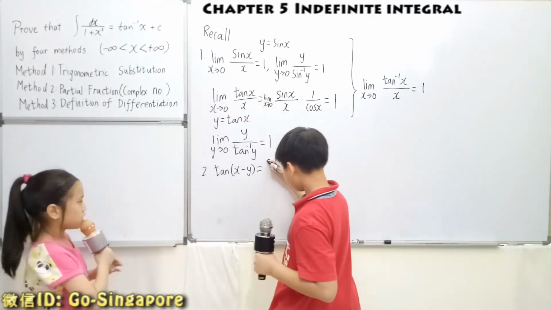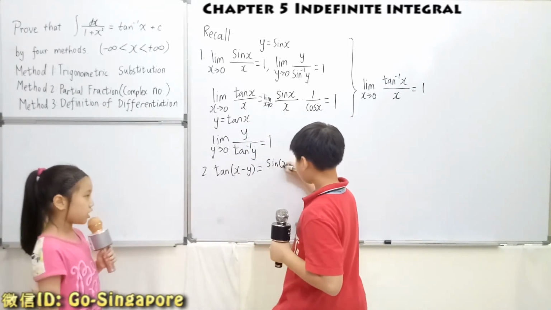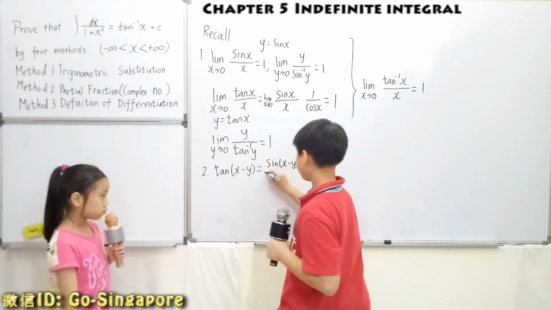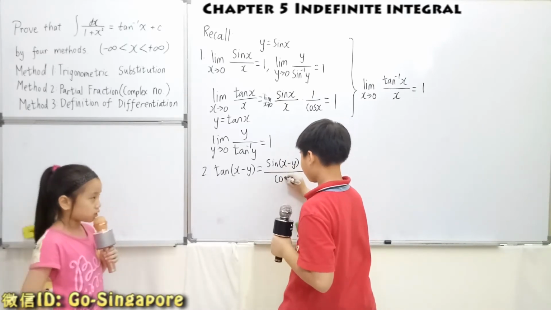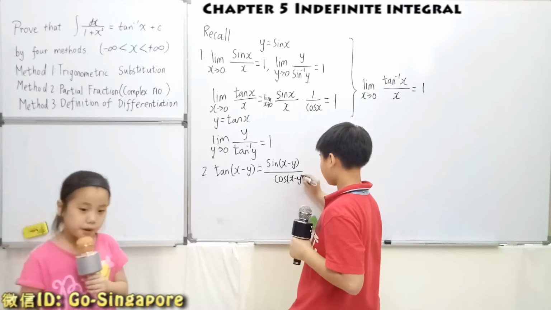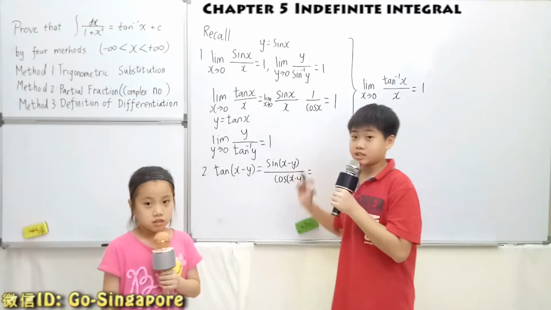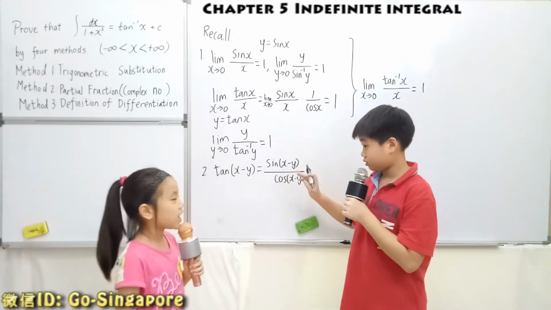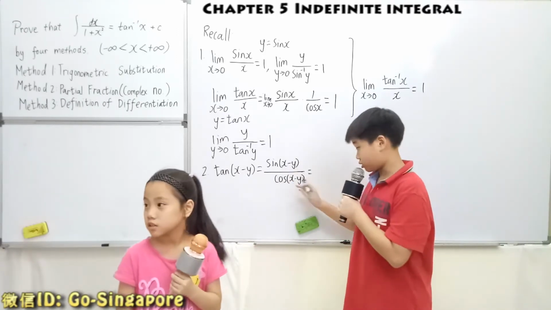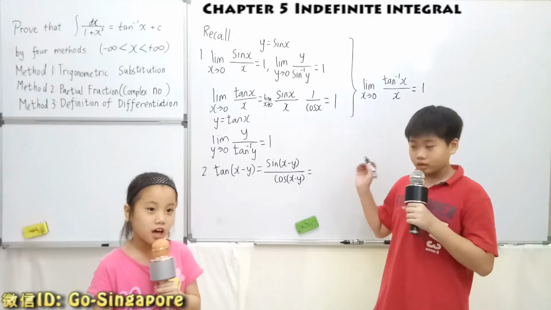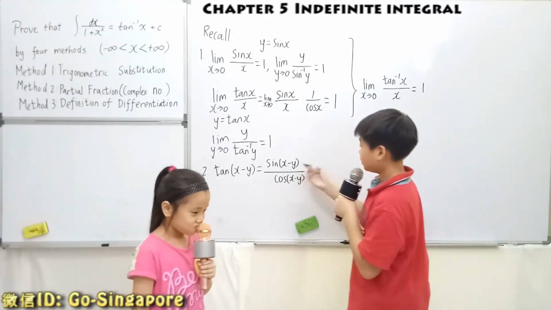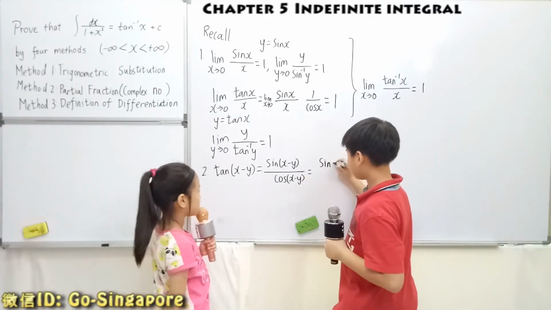It will be sine of x minus y over cosine of x minus y. And remember the circle kosa, kokosasa. Sine is sa, cosine is ko. Yes, very good, sa is sine, ko is cosine.